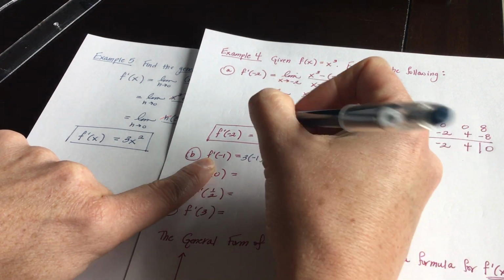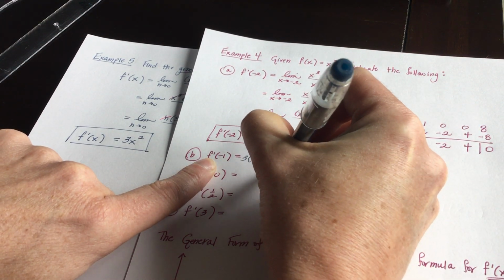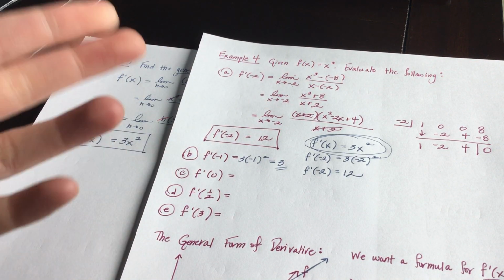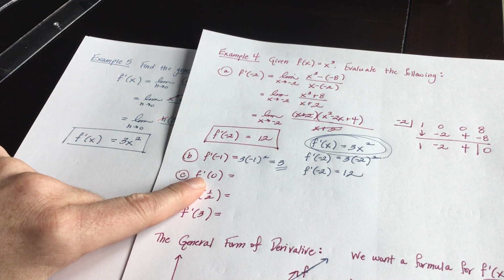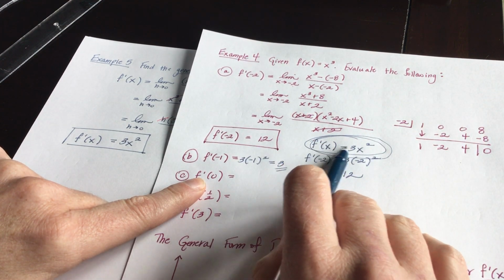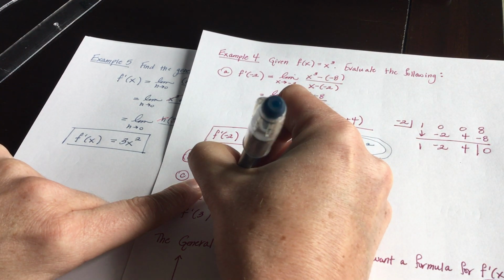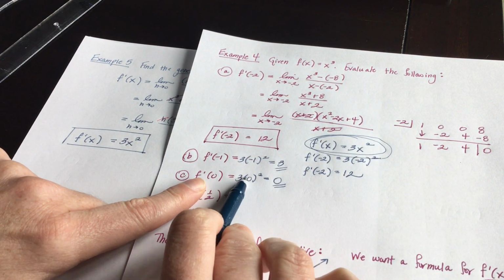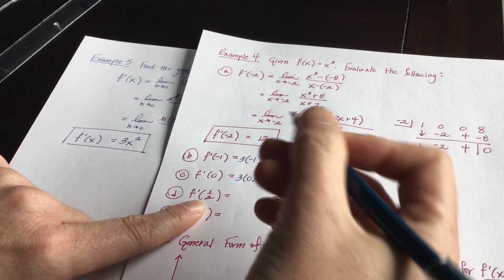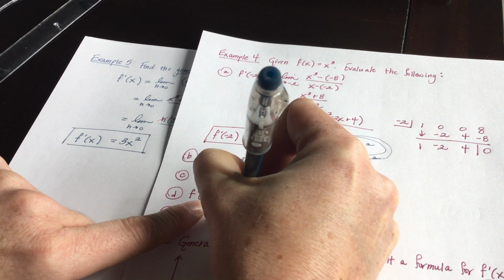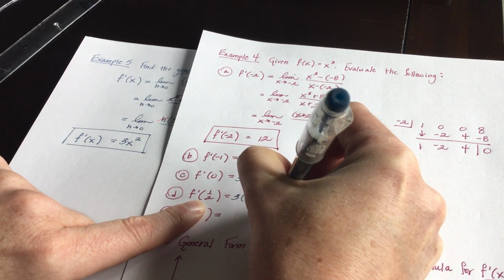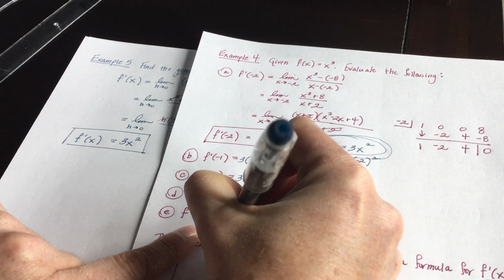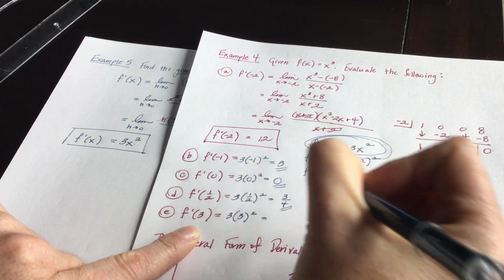So simplify this and you end up with 3, which is what we would have gotten had we used the definition of derivative at a point, but I think it's way faster. f prime of 0 would have been 3 times 0 squared. And yes, these are things that you can do in your head. You wouldn't have to write that down. f prime of 1/2 would be 3 times (1/2) squared. f prime of 3 would have been 3 times 3 squared.